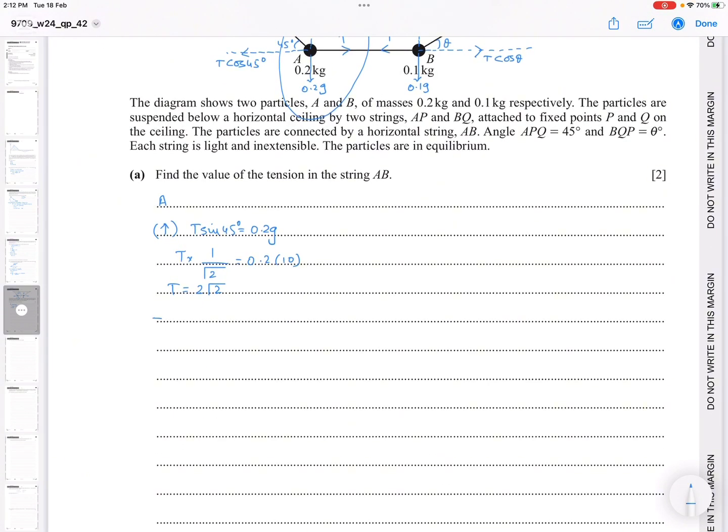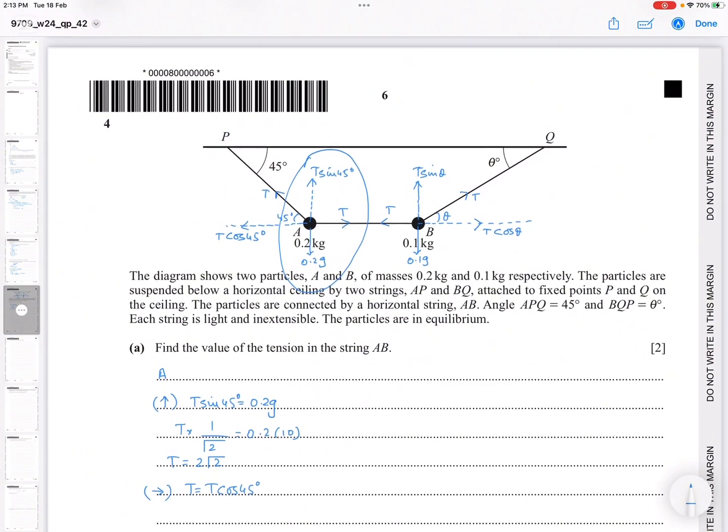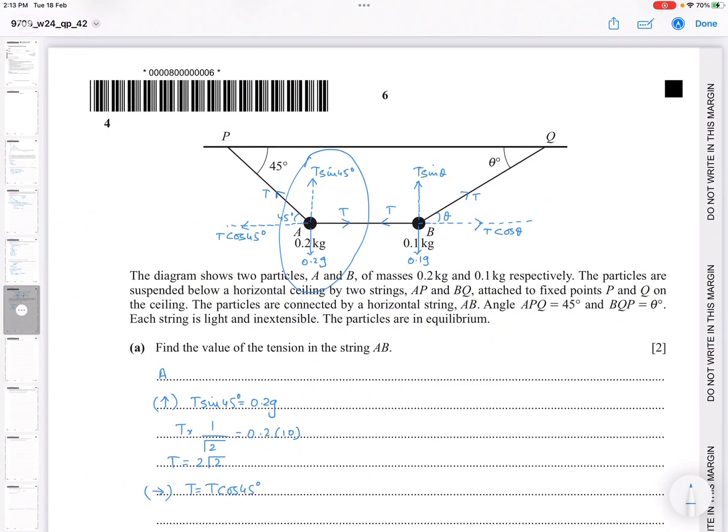If I solve particle A horizontally, I can write T equals T cos 45, this portion.